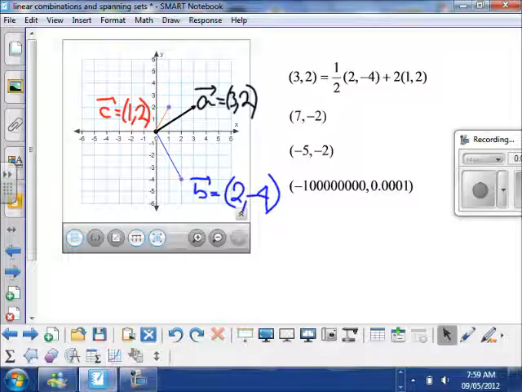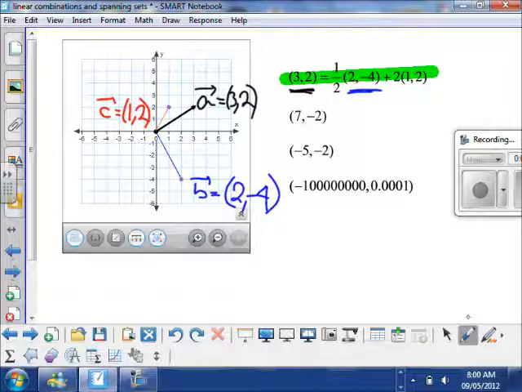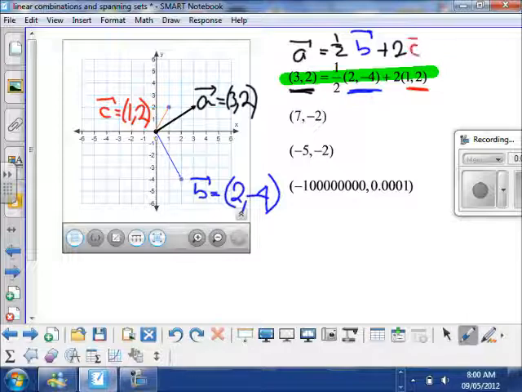I can write 3, 2, which is nothing else but my black vector, vector A, as a linear combination of 2 and negative 4, my blue vector B, and 1 and 2, my red vector C. I can write it as 1 over 2 times B, plus 2 times C. So what are my scalars in this case? My scalars K and L are 1 over 2 and 2.